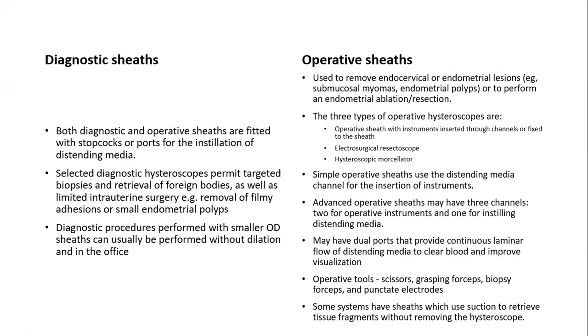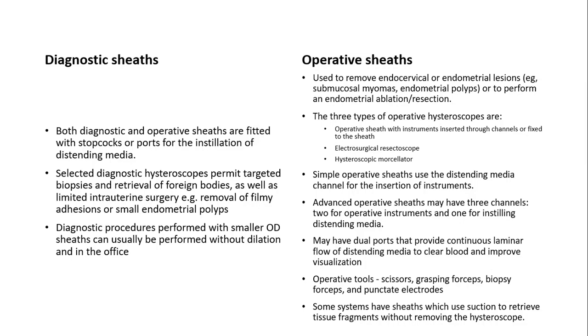And these are used to remove endocervical or endometrial lesions, whether they're myomas or polyps, and to do other intrauterine operations. So they can have operative sheaths where you insert the instruments through separate channels, or you can actually have an electrosurgical resectoscope or a morcellator.